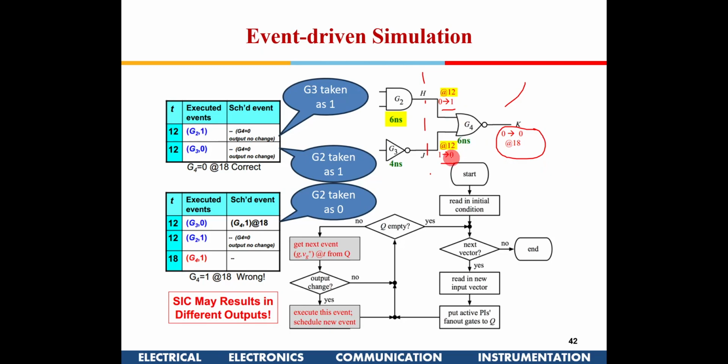My testing should resemble the fabricated product as closely as possible. So it is possible that in this circuit, if the inputs come at the same time, the output will remain 0. Now when I am doing this event driven simulation, both these come at the same time, but it will implement one first and then the other.